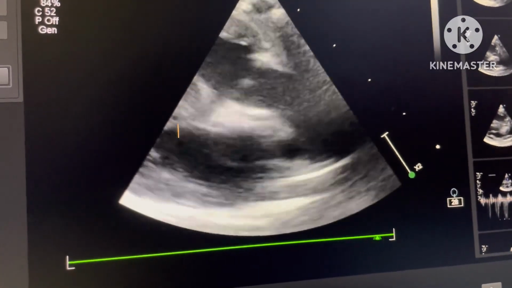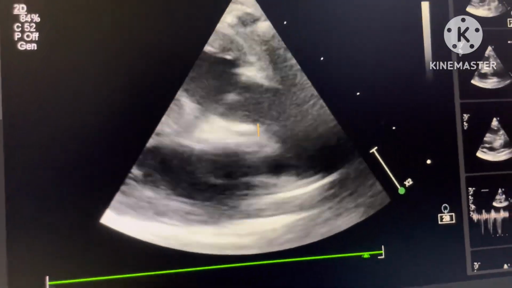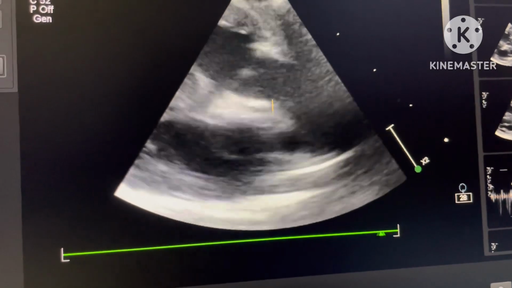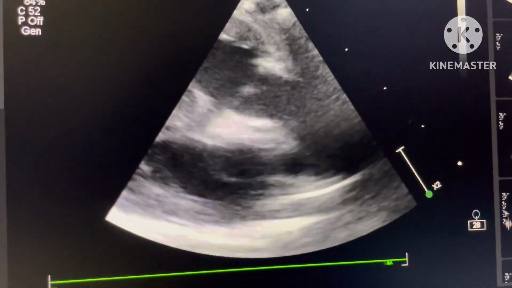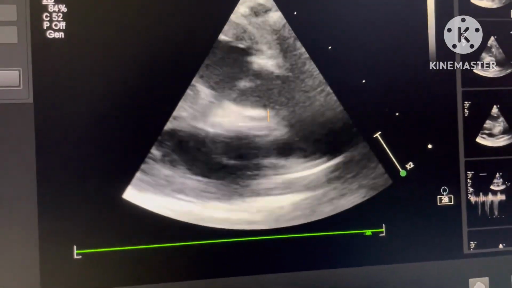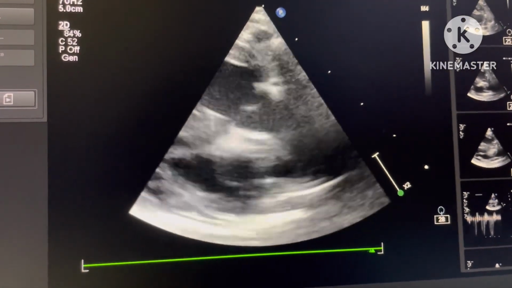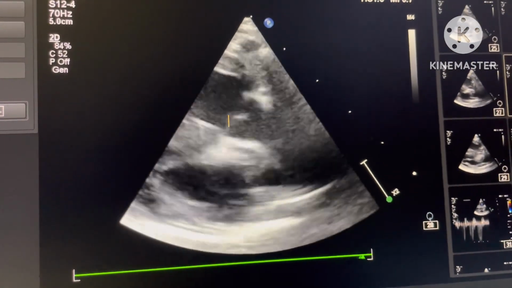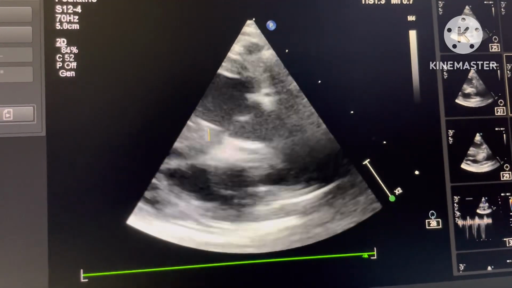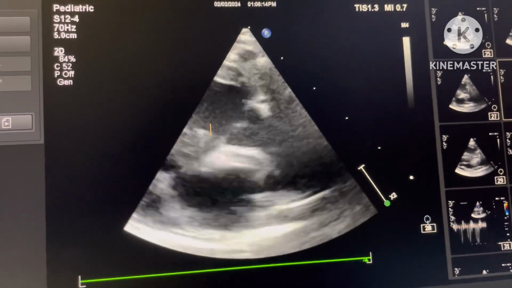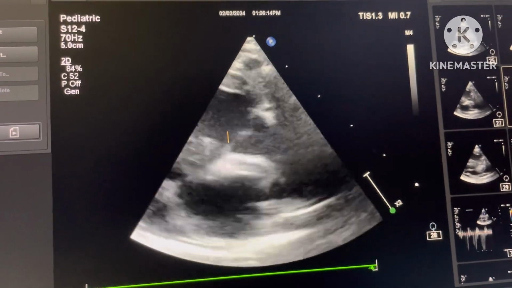This is LV, pulmonary artery. So in this way, you can easily see. This is because of pulmonary artery from left ventricle, aorta from right ventricle, and there is VSD. You see this VSD is almost both below the pulmonary artery and aorta.